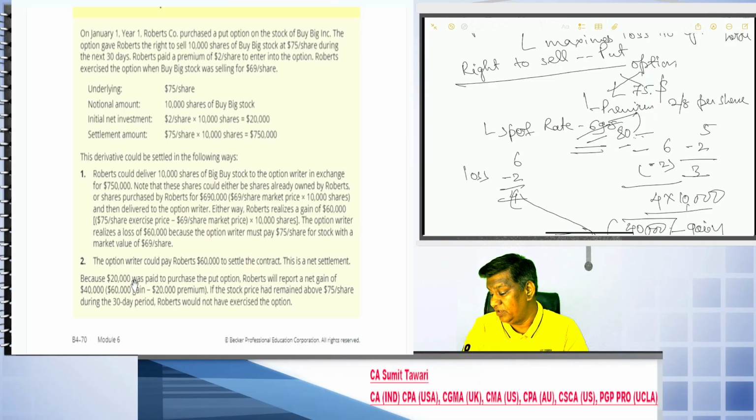Generally people buy a put option when they have certain shares in hand. If they do it otherwise, they will make a big mess. And that's why in futures and options there may sometimes be huge losses.